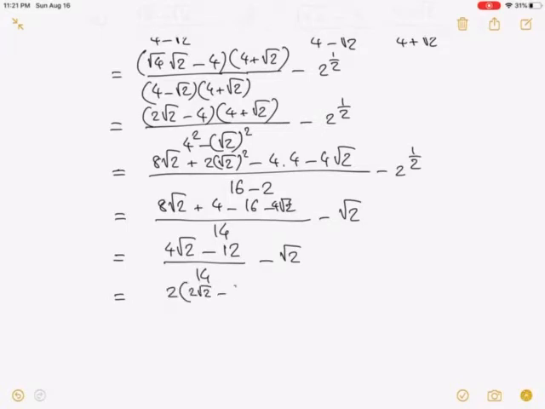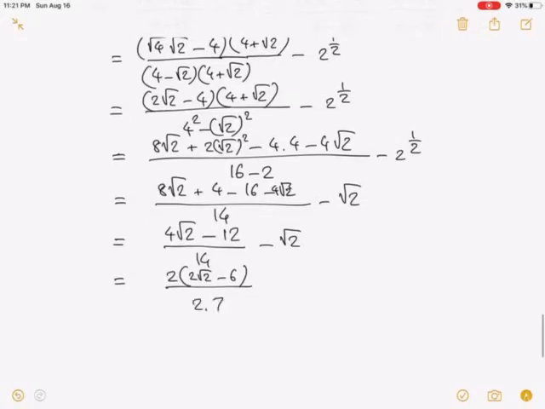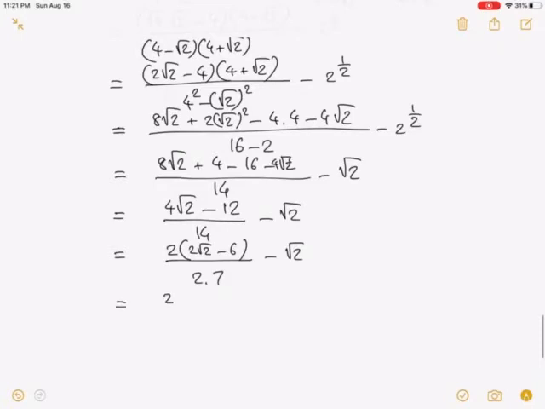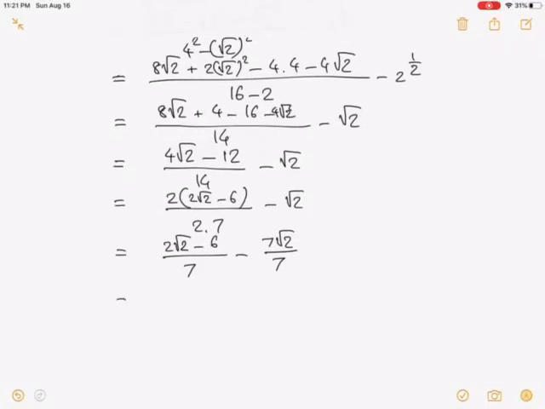So we could take out 2: 2 times 2 square root of 2 minus 6 over 2 times 7 minus square root of 2. Or we could say this is 2 square root of 2 minus 6 over 7 minus, we could say 7 square root of 2 over 7.